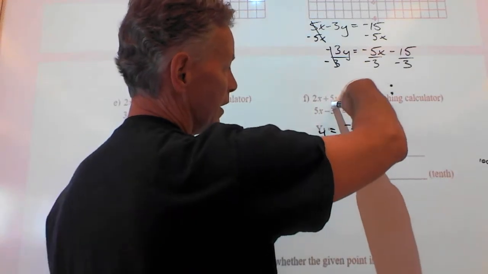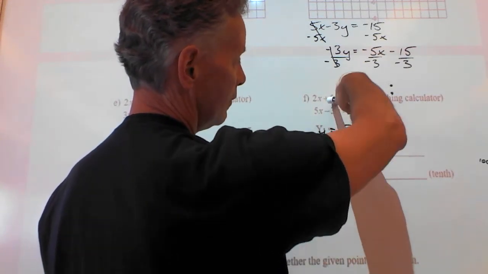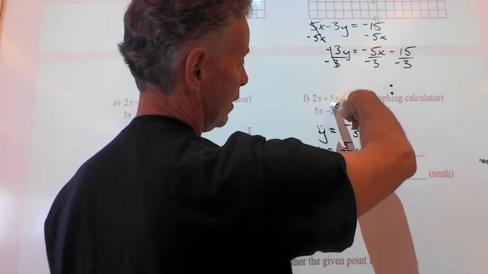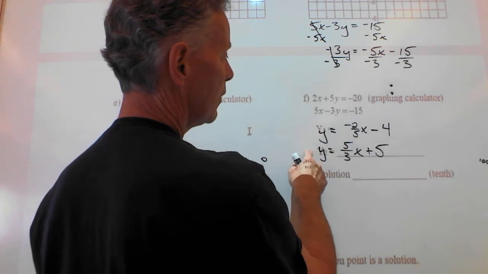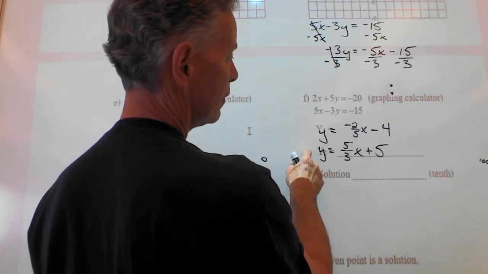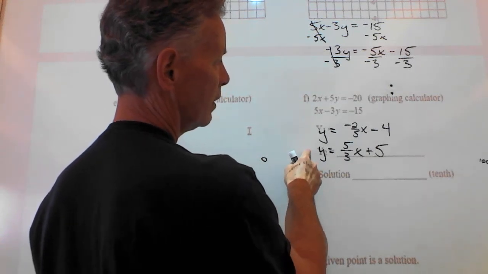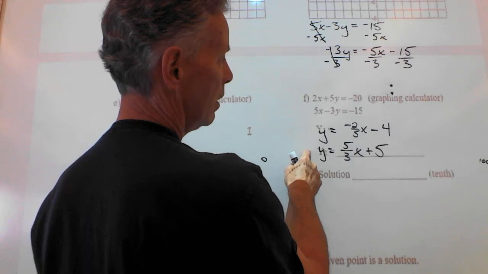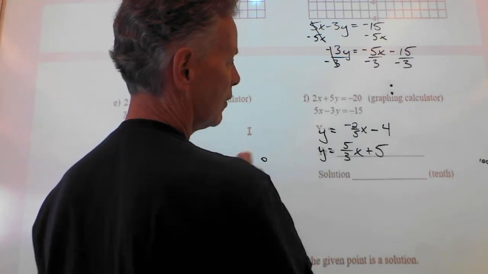So this should be negative 2 over 5x minus 4. So this one looks okay. How about this one? This one should be minus 5/3 x. And yes, that one is also correct.